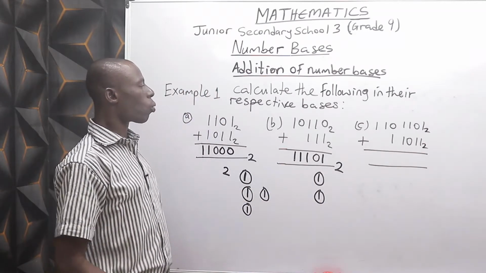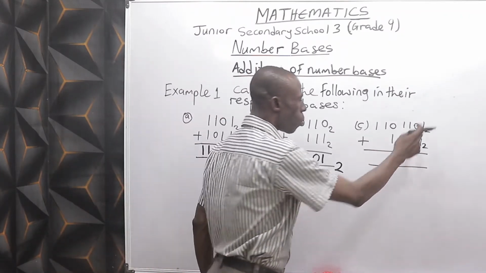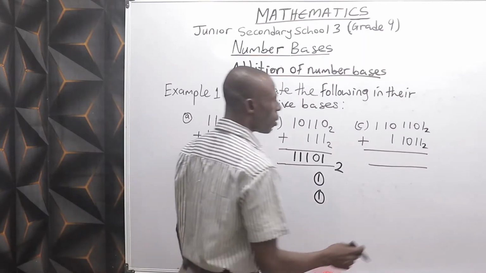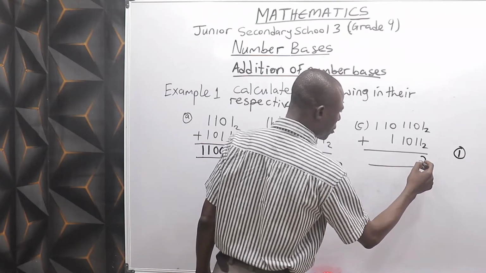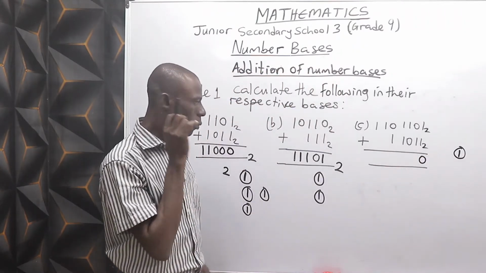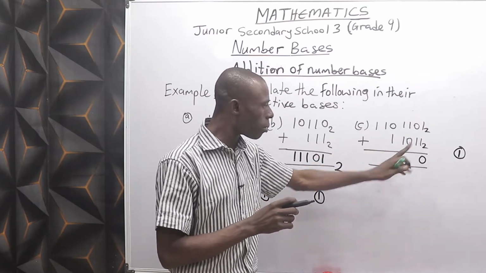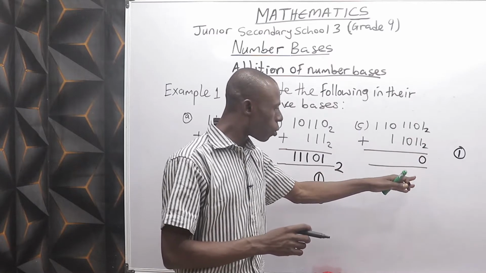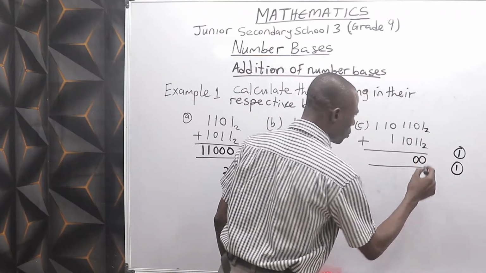Now to question C, 1C. 1 plus 1 is 2. We cannot write it down straight. You see, 2 in 2 is 1, remainder 0. The one we carry, add it to this 0, making 1, add it to the 1, making 2. You cannot write the 2 down in base 2. So 2 in 2 is still 1, remainder 0.